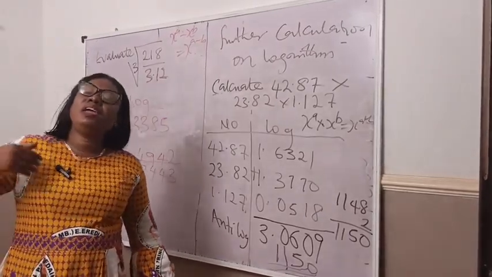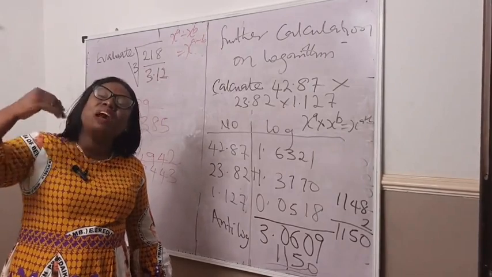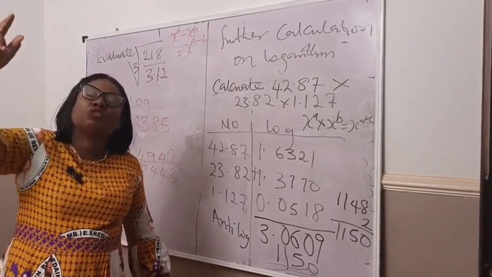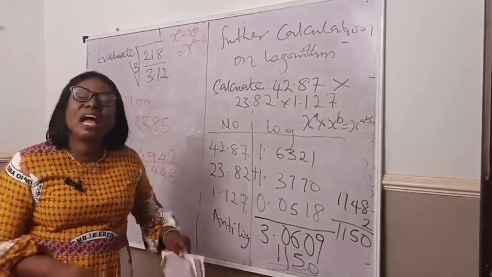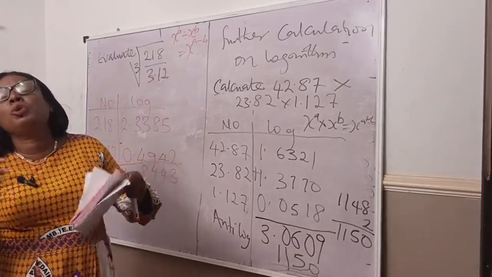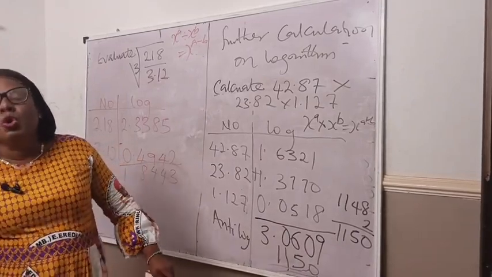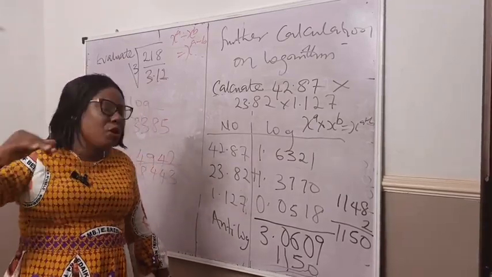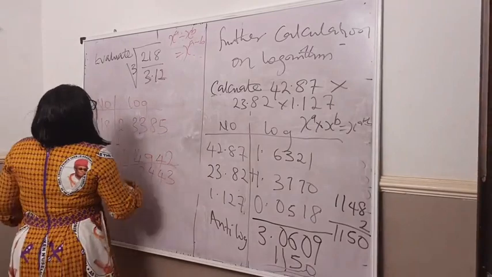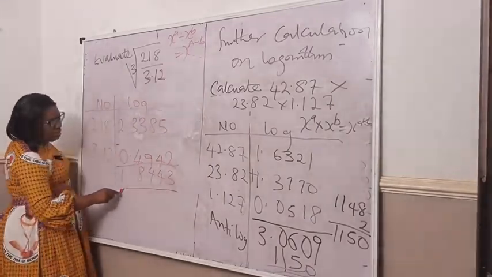When they say evaluate a number and the number is raised to a power, we do multiplication. When it has to do with a root, square root, cube root, whichever root, what do we do? We divide. But when it's raised to a power, we multiply. So this is in cube root now.